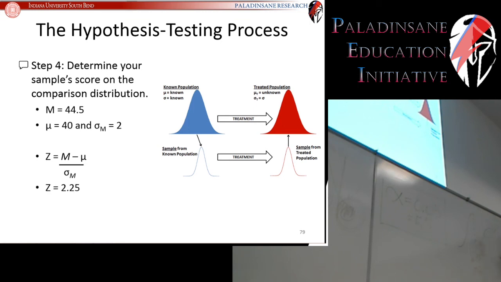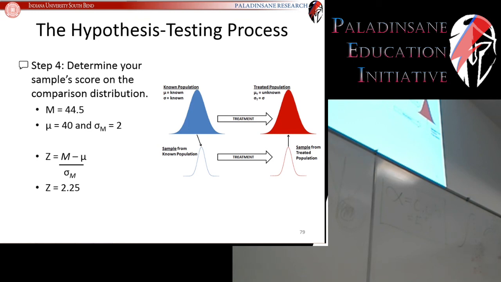So look what this has done. Last time we got 1.75, and we ended up not crossing the line. We ended up in the body. But now we have 2.25. So this line here, the mean, is 0. And this line here is 1.96. 2.25 is somewhere here, right?